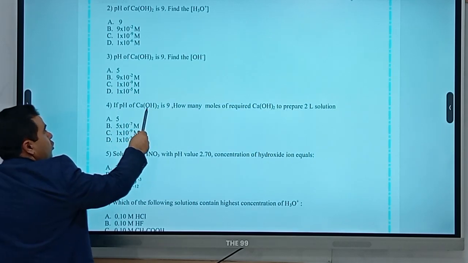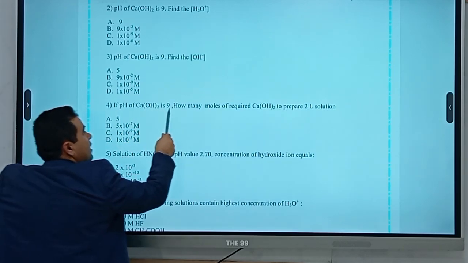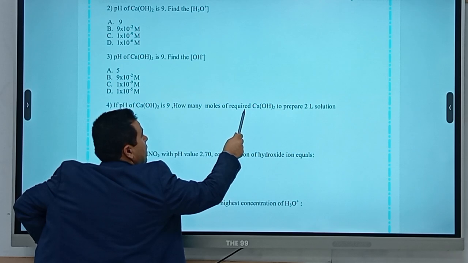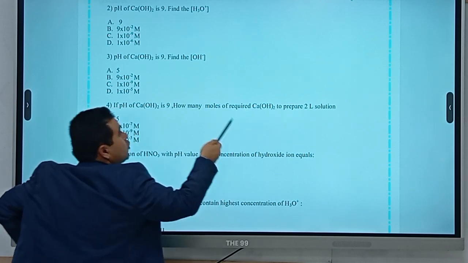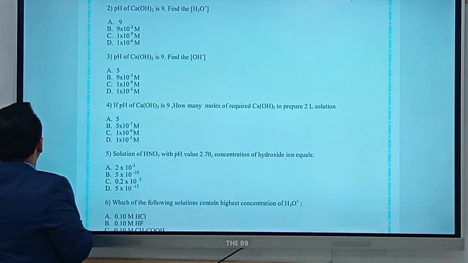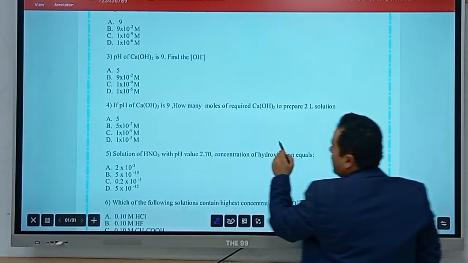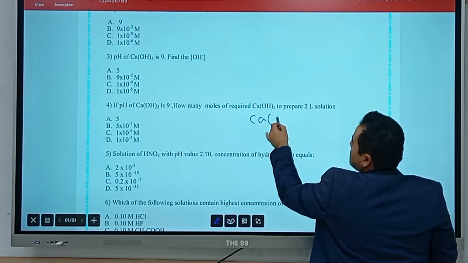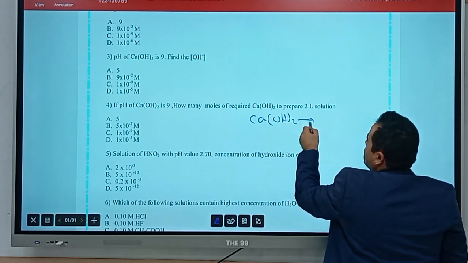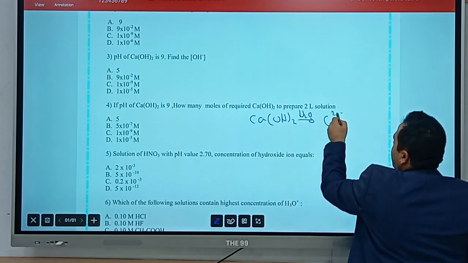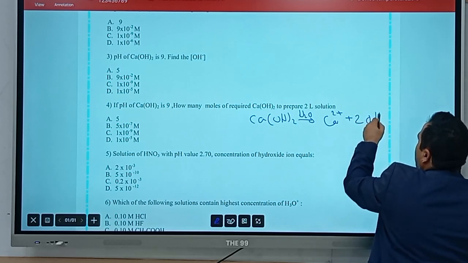If the pH of calcium hydroxide is 9, how many moles of calcium hydroxide are required to prepare 2 liters of solution? Guys, what does this refer to? Ca(OH)2 dissociates to form Ca2+ plus 2OH-.